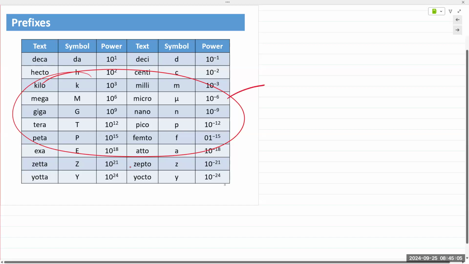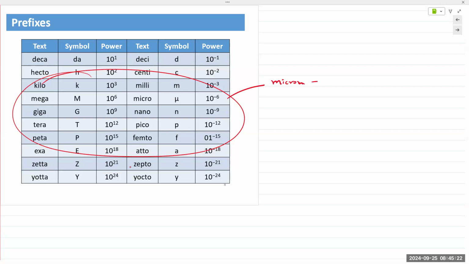So 1 micron, which is 10 raised to minus 6, is where the word microchip comes from. And if you take 1 micron and divide it into further 1,000 parts, you get 1 nanometer.